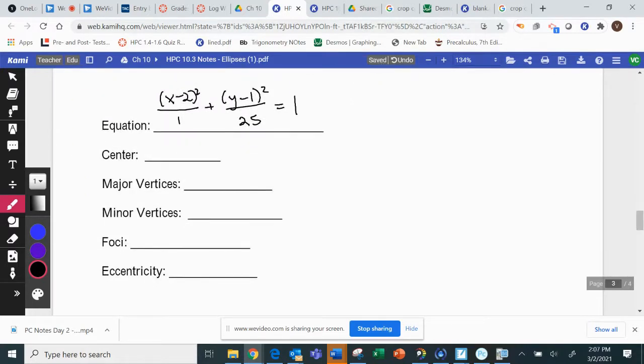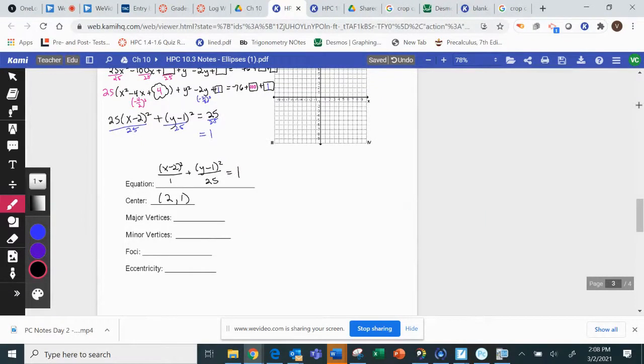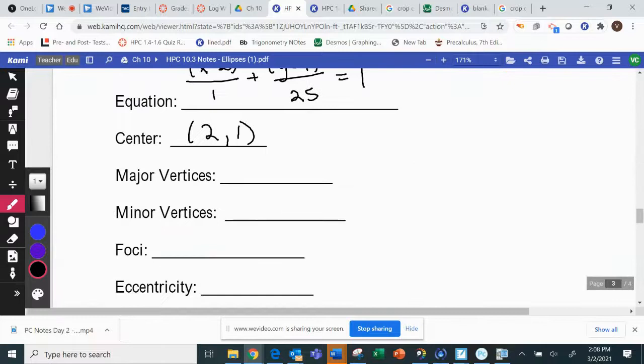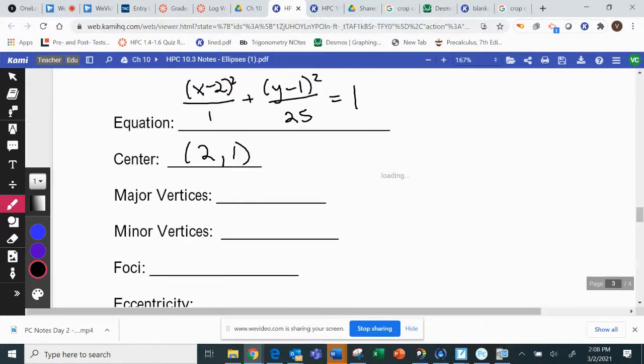And so if you worked ahead and got the wrong equation, you're going to get a lot of stuff wrong. My equation was (x minus 2) squared plus (y minus 1) squared over 25 equals 1. So my center is at (2, 1). The major vertices, I'm going to take the bigger number, and it's under the y. I'm going to add and subtract 5, the square root of that 25.